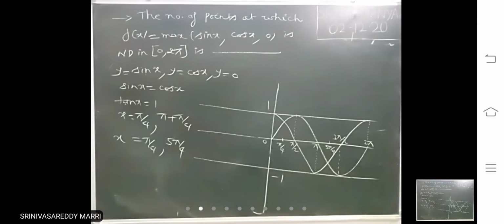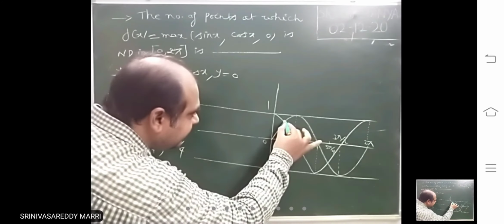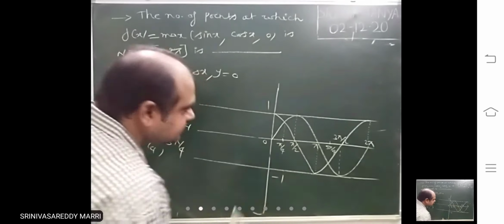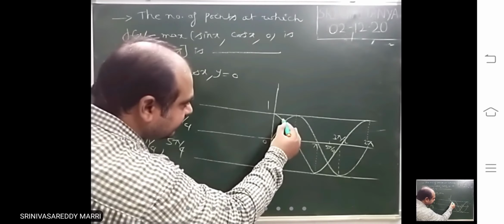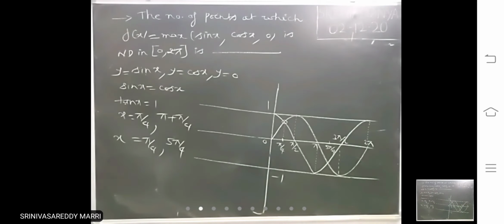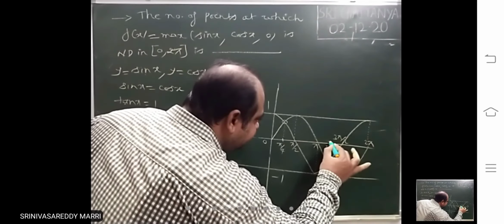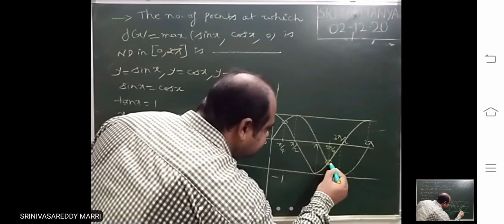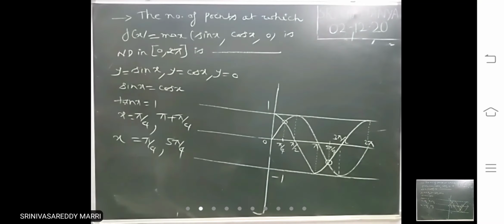So this is actually the graph. That means this is the point where it intersects. That is one intersection point of the graphs, and then this is another intersection point of the graphs. So they will intersect twice, at this point and at that point.